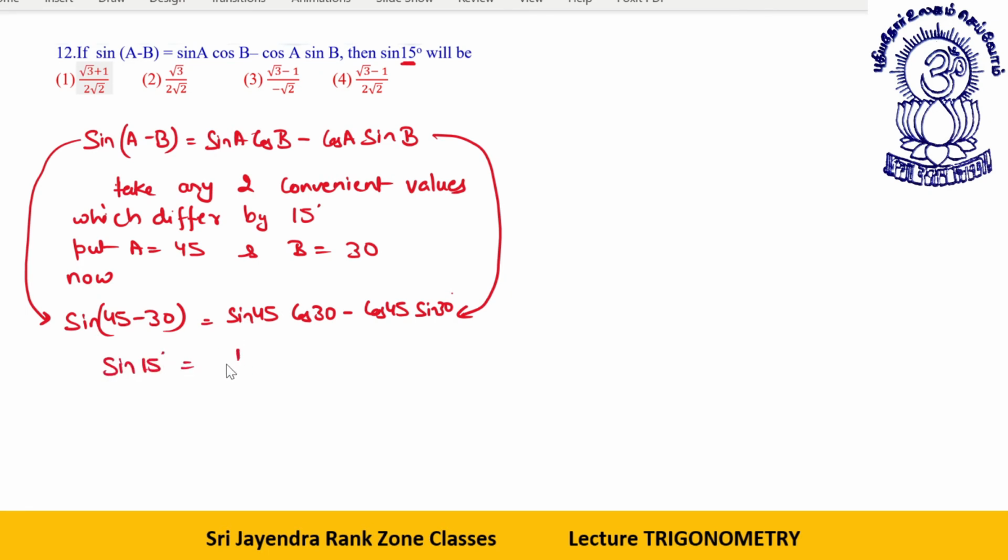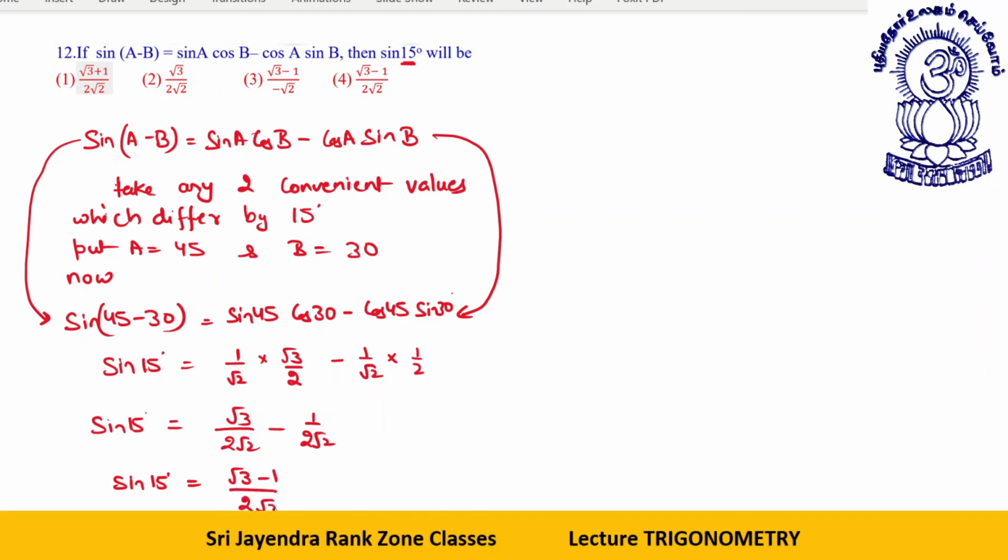Sin 45 is 1 by root 2, cos 30 is root 3 by 2, cos 45 is 1 by root 2, sin 30 is 1 by 2. So you get sin 15 degrees as root 3 by 2 root 2 minus 1 by 2 root 2, or I can say sin 15 degrees is equal to (root 3 minus 1) by 2 root 2. This is your answer, okay.